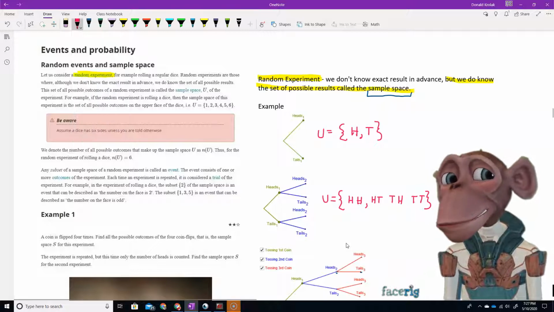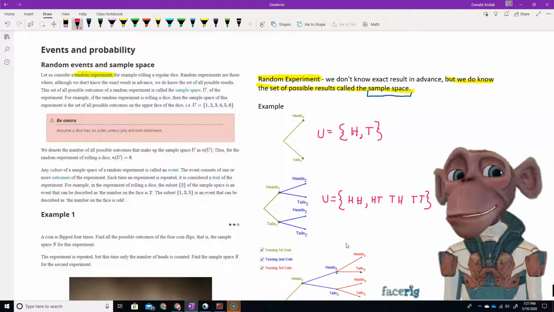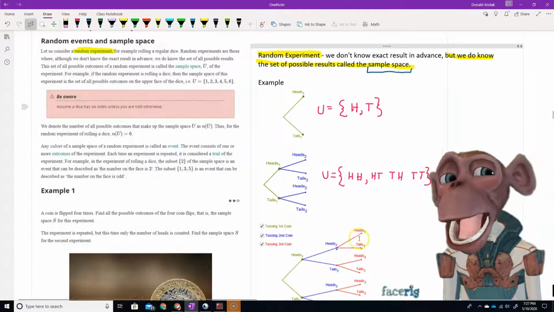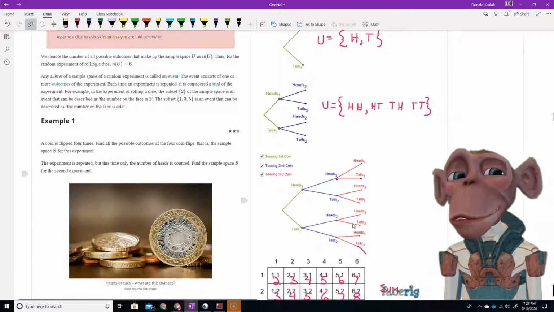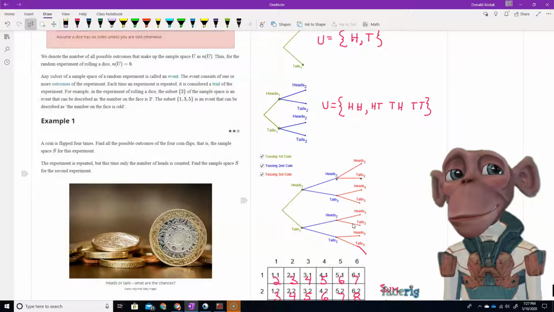If we flip a coin twice, our sample space is either a heads and a heads or a heads and a tails, etc. Flipping a coin 3 times, here's our tree diagram for that sample space.